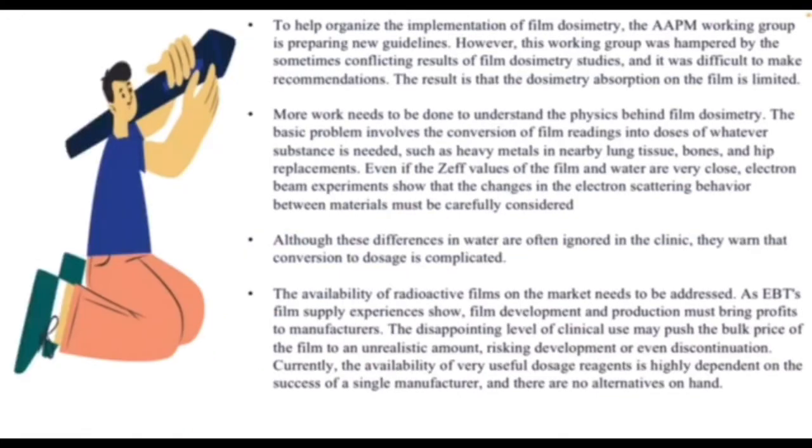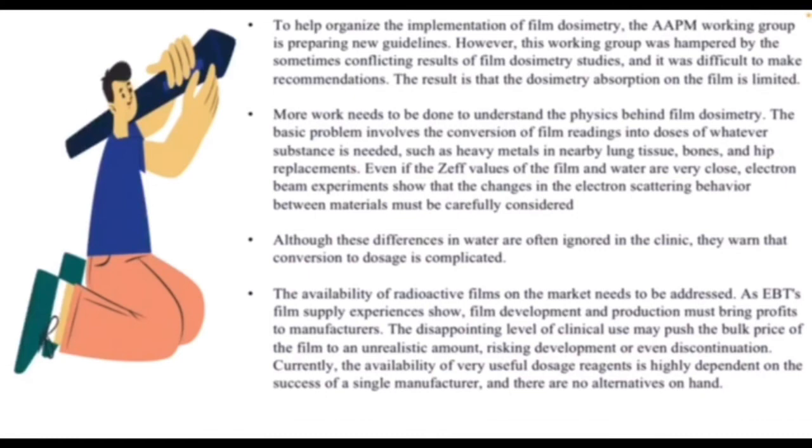We can conclude that to help organize implementation of film dosimetry, the AAPM working group is preparing new guidelines. However, this working group was hampered by the sometimes conflicting results of film dosimetry studies, and it has difficulty making recommendations.